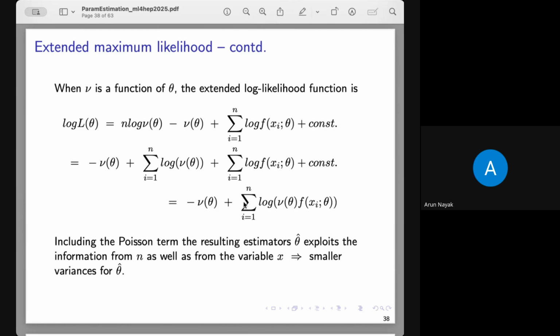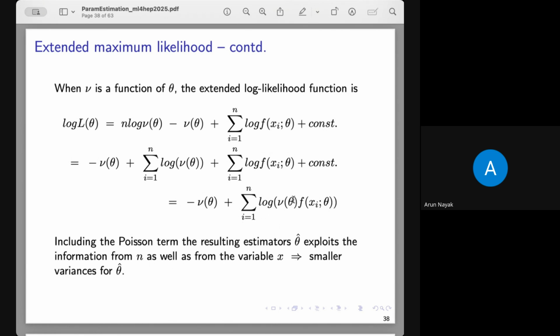Now you can see that in addition to the log of f of xi, you have additional terms corresponding to the nu, which is a function of theta. When you do this maximization of the log likelihood to obtain the parameter theta, it will exploit information not only from the distribution of f of x, but also new information from the number of events.